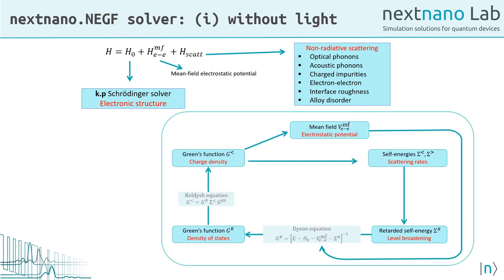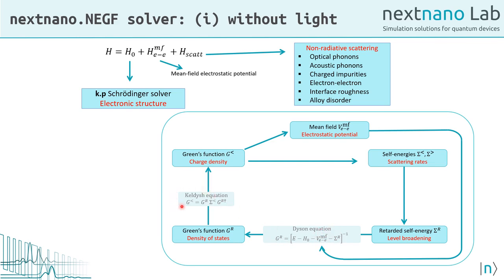And the NEGF formalism is based on self-consistent equations. We have two important equations, which are the Keldysh equations and the Dyson equations. The Dyson equation allows us to calculate the retarded Green function based on the retarded self-energy and the electrostatic mean field potential.